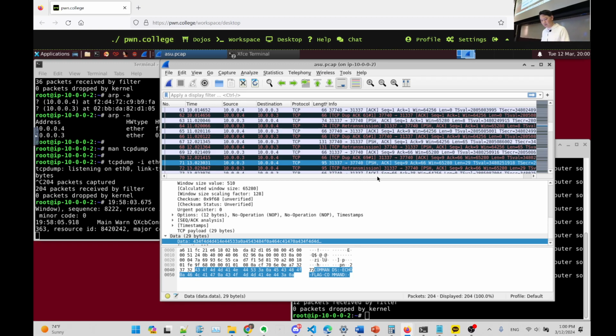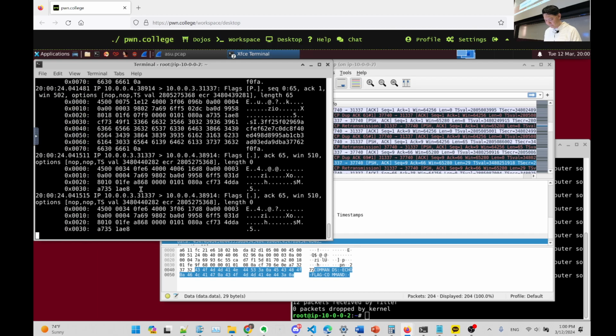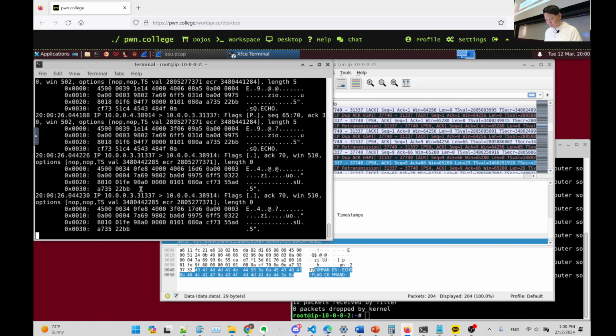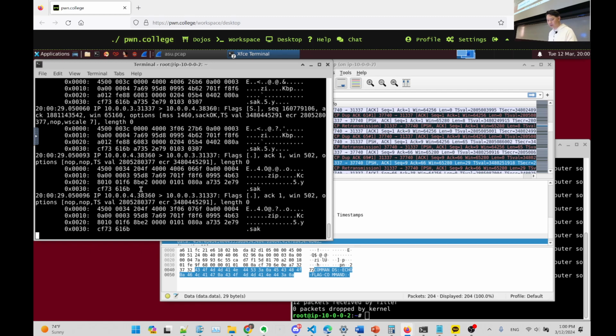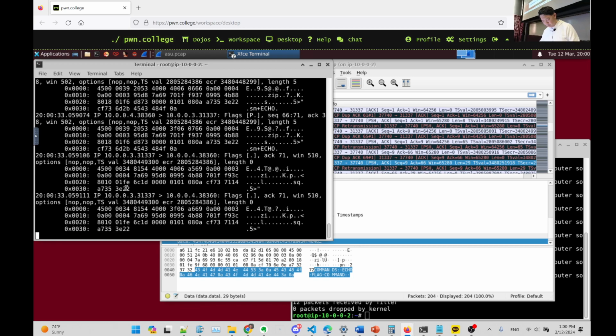I don't know what that is. So anyway, we have to guess that using just the X option. Oh, so we can see the data of each packet more clearly, right?